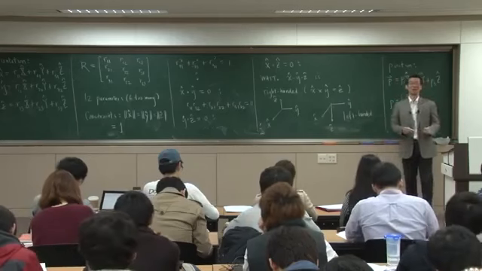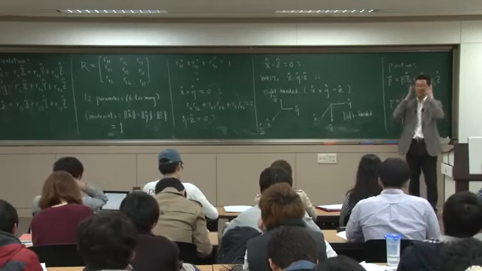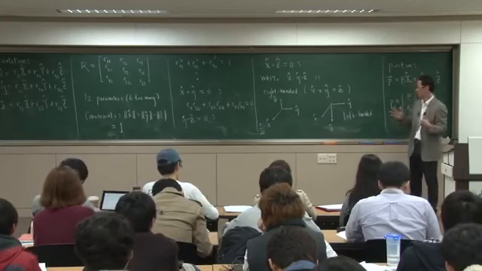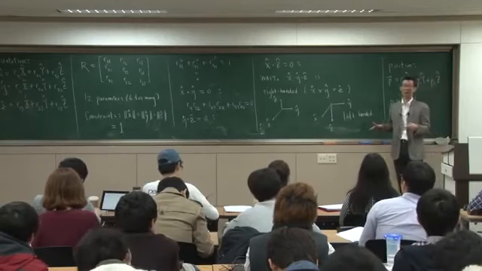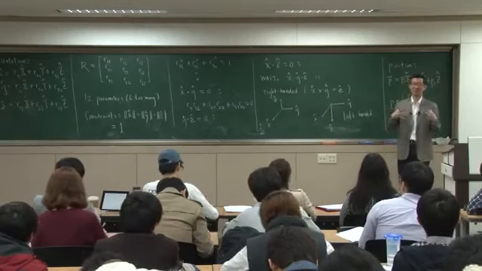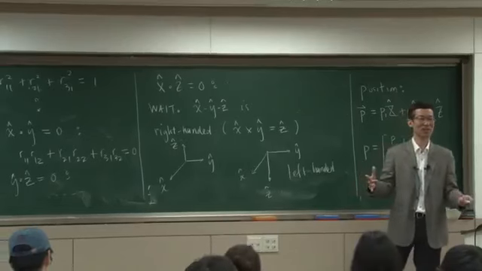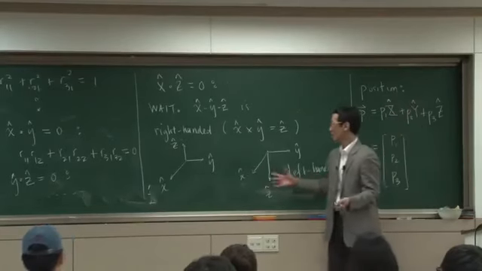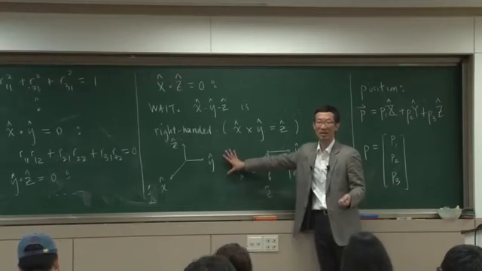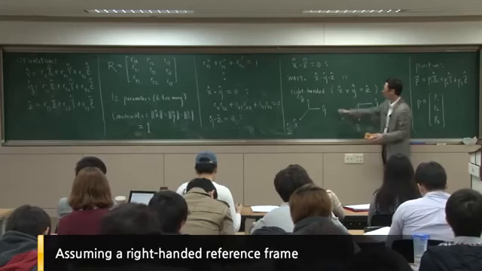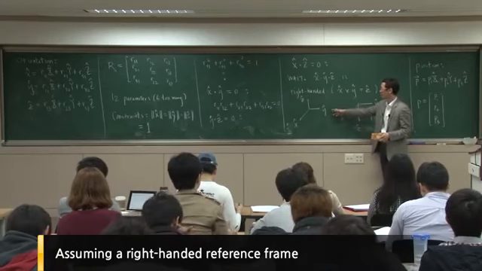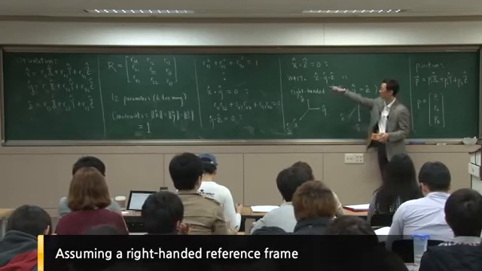All right, so is one better than the other? Well, not really, but we live in a right-handed world. It's not my choice, but we live in a right-handed world. So we use right-handed frames. So we haven't taken care of this right-handed constraint.